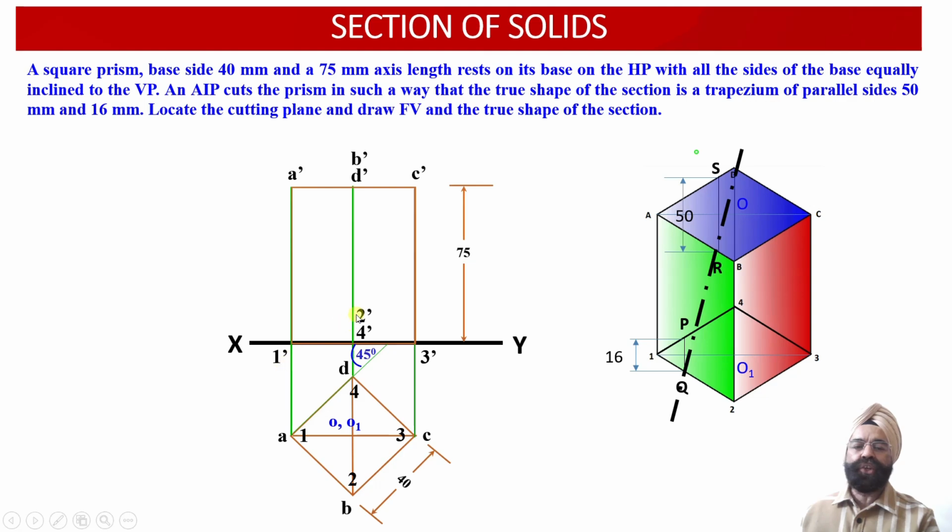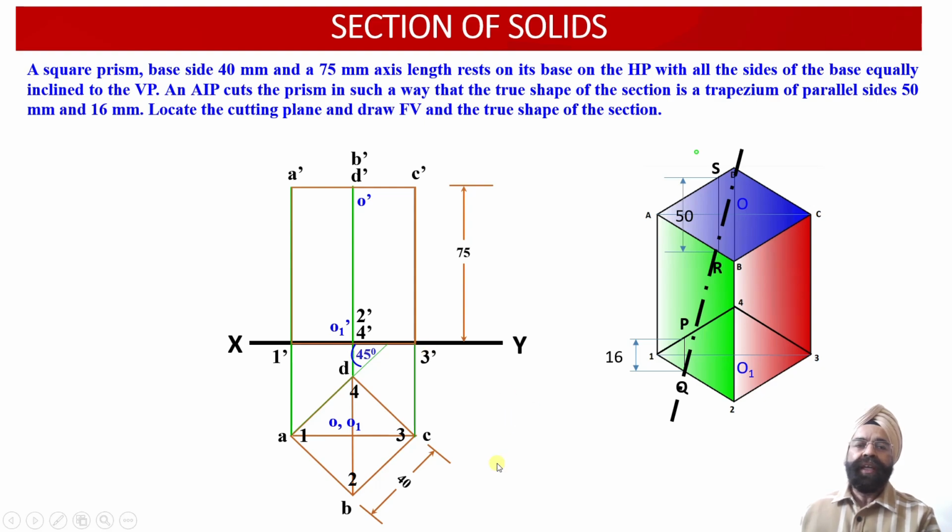Points 1 dash, 2 dash, 3 dash and 4 dash have been obtained corresponding to the base, and the axis points O dash corresponding to the top face and O1 dash corresponding to the base of the square prism have been obtained.